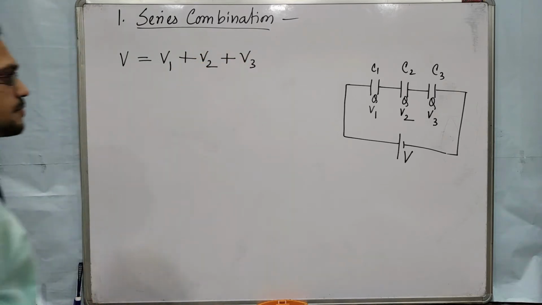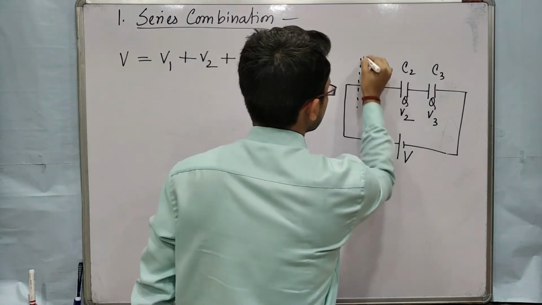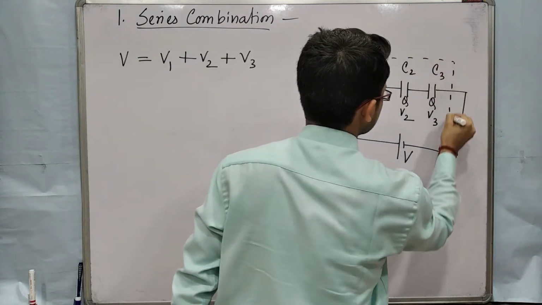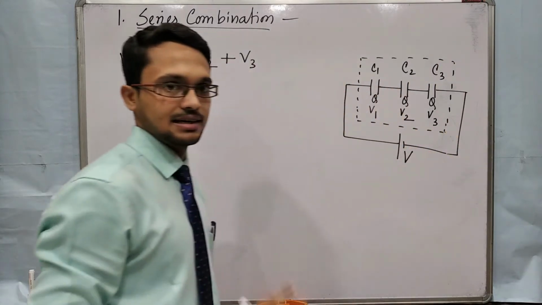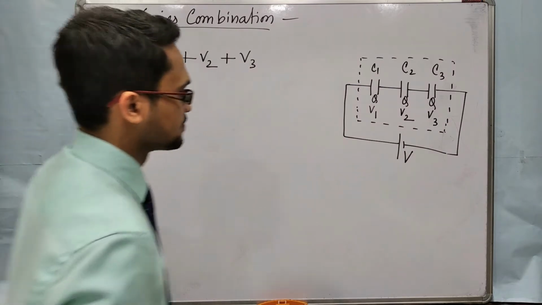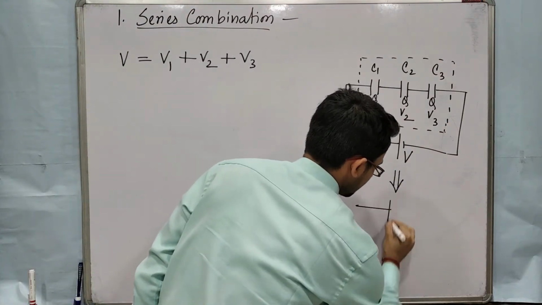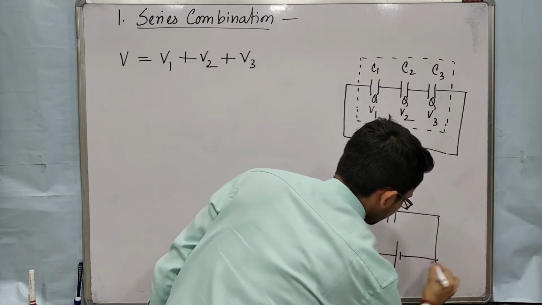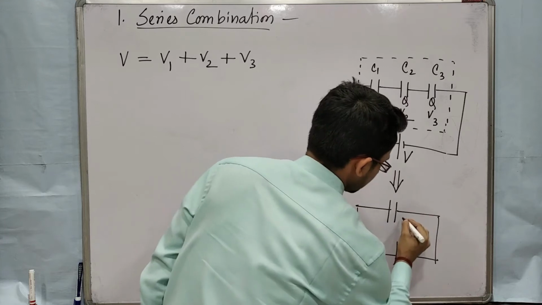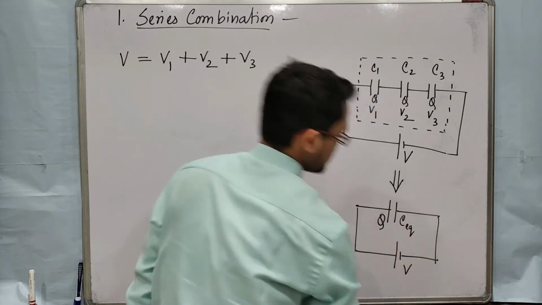Now in place of these three capacitors in series, if we keep one equivalent capacitor, the circuit will look like this: one capacitor and the battery, with potential V. Suppose the capacitance is C equivalent, and the charge remains the same, Q.